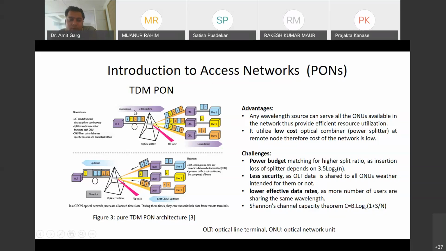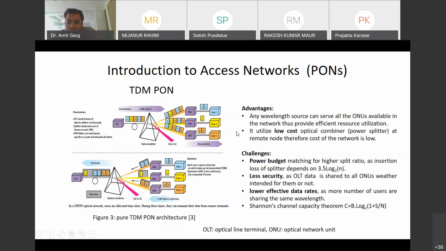Okay, so suppose one particular wavelength lambda 1 is coming from here. It will come to this splitter, then it will be distributed into the 32 paths, as here it is 1 cross 32. So these 32 users can access the service at only one wavelength. Basically, one transmitter would suffice to serve these 32 users.